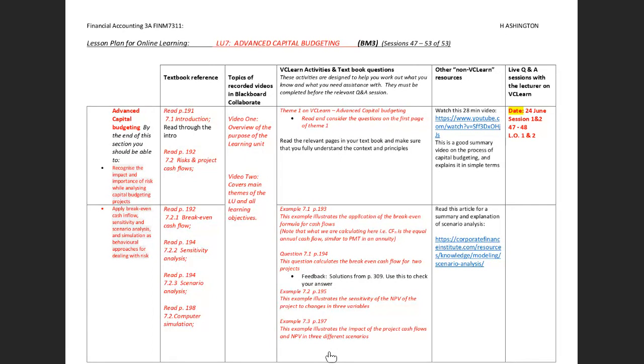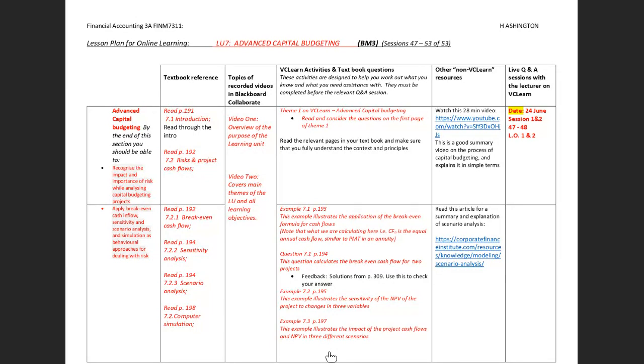So that's what scenario analysis is talking about. So if you look in example 7.3, you'll see we construct cash flows for worst case, base case. Base case means our actual estimates, and then a best case scenario. And then that again just gives us an idea.